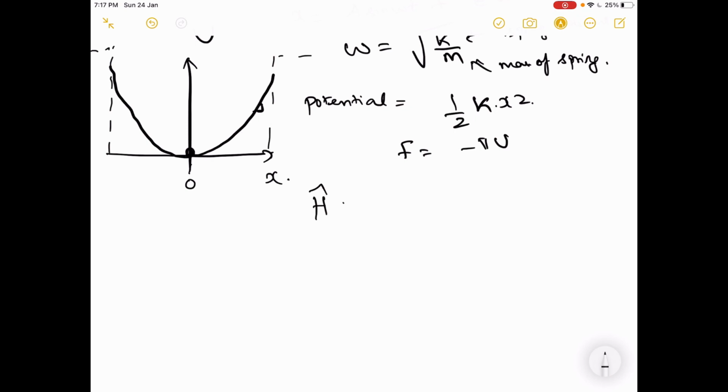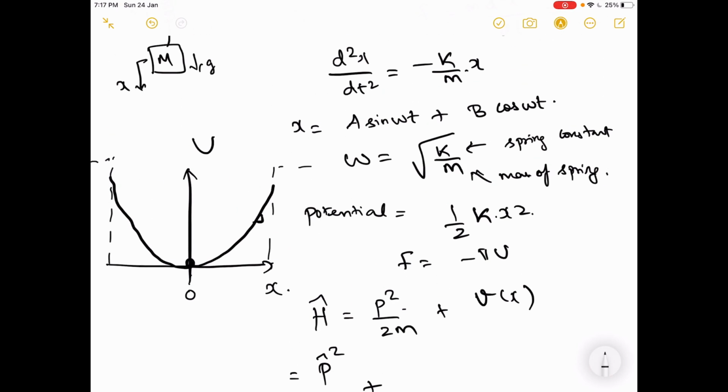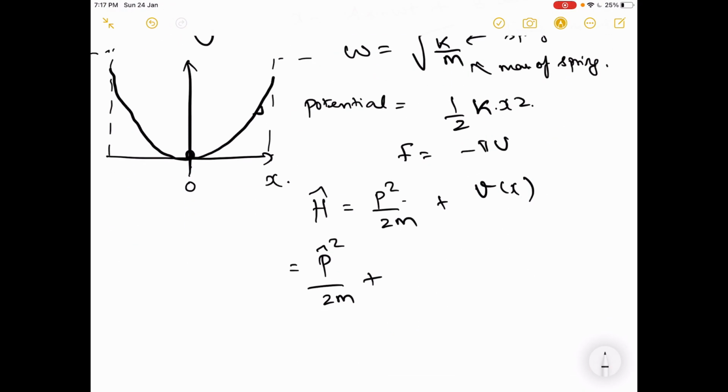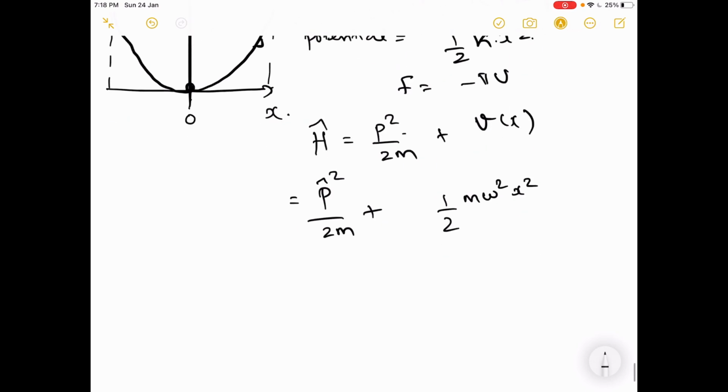So the Hamiltonian again is defined by p squared by 2m plus V of x, which we know now is half kx squared, and k is omega squared m. So it is half m omega squared x squared, which can now be written as 1 by 2m p hat squared plus m omega squared x squared.